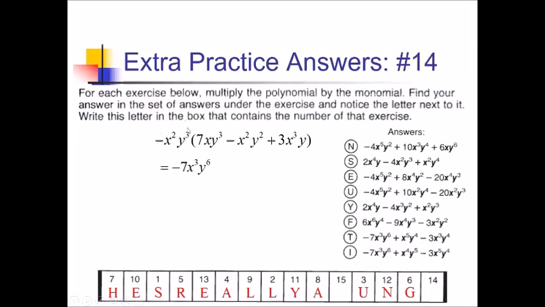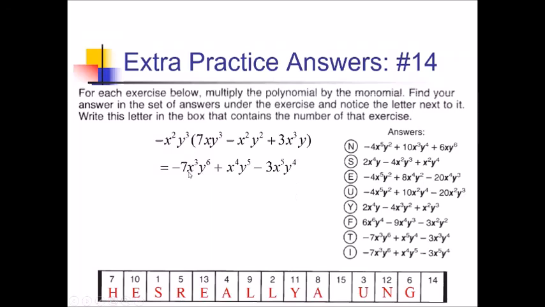Next, we have a negative times a negative is a positive. X squared times x squared is x to the 4th. And then y cubed and y squared is y to the 5th, 3 plus 2. Finally, negative times a 3 gives me a negative 3. X squared and x cubed is x to the 5th. And then y cubed times y, 3 plus 1 gives me 4 for the exponent.